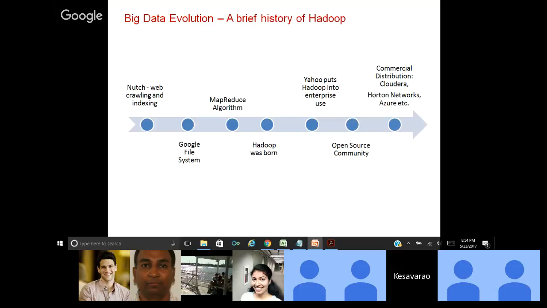Okay, this is a quick roadmap of how big data evolved over the period. Initially this started from Google, because companies like regular banking, telecom or pharma don't have such a need to deal with all these file systems.